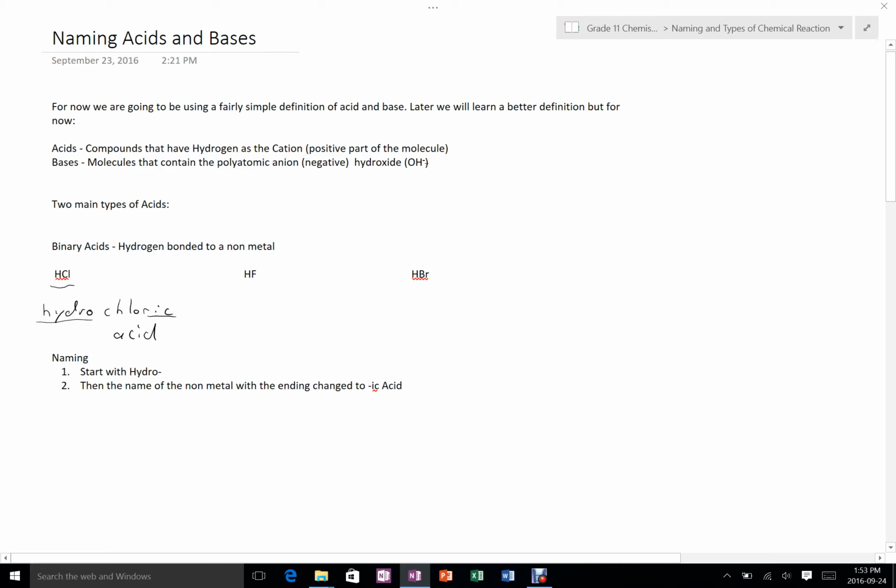Here, HF is a binary acid because it has one H and one anion, one element, fluorine. So we would call this one hydrofluoric acid. And finally, HBr, hydro. Here would be bromine, so we change that to hydrobromic acid. So, start with hydro, change to ic acid at the end. And that's it.